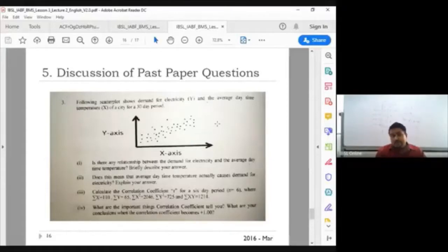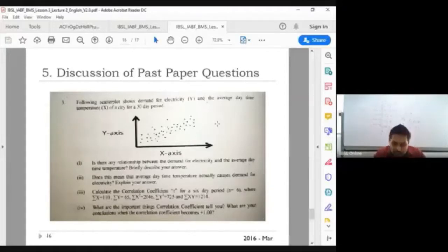What if they had a concert? What if they had some electricity-heavy events like Vesak, for instance, where you will have a lot of bulbs being put up? Ironically, on that Vesak day, you may have a higher temperature also. Does that mean that higher temperature has caused the electricity demand? It might not be the only cause. So that's the broad answer.